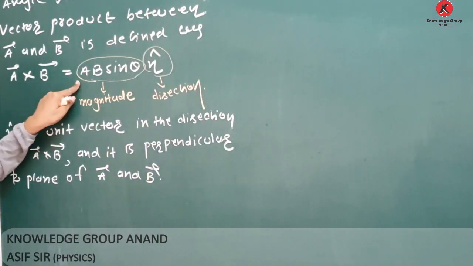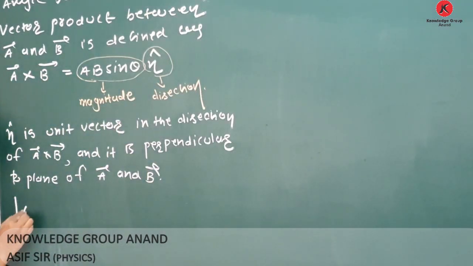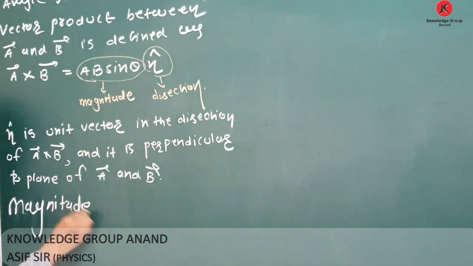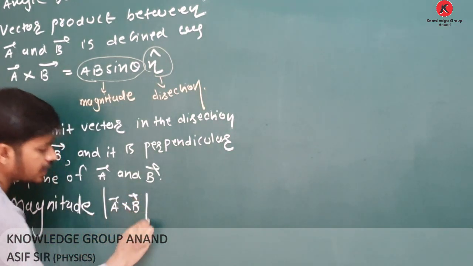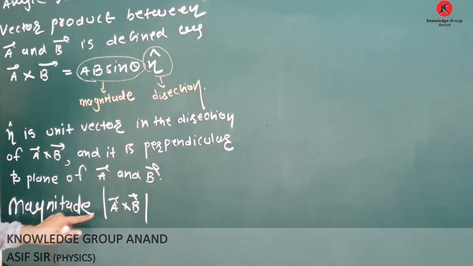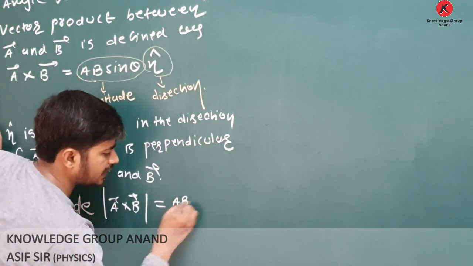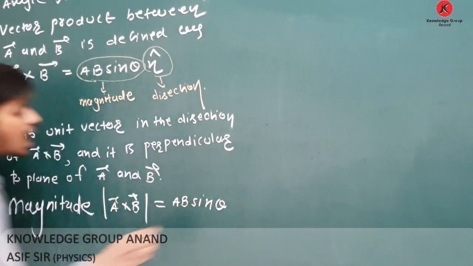Yes, it is magnitude. How to write its magnitude? I can write it like this: mode of A cross B. Students, what is the meaning of mode? Yes, you know, magnitude. Mode of A cross B means magnitude of the cross product, so it is AB sin theta only.